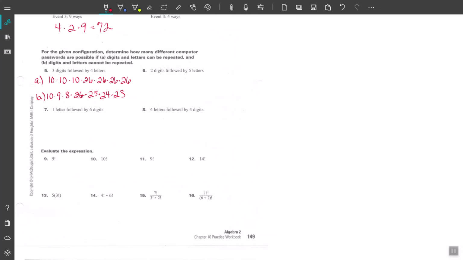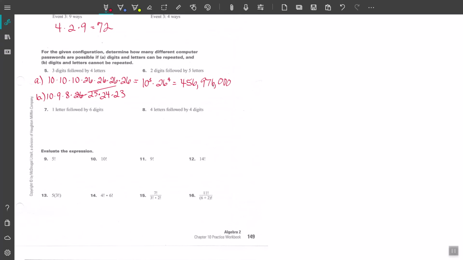So when we plug these into the calculator, for letter A we can plug it in as 10 to the third times 26 to the fourth. If that's easier for you, that comes out to be 456,976,000 possible passwords.